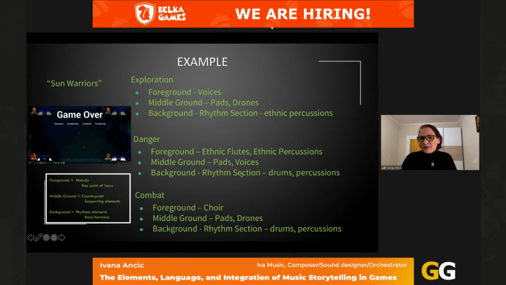In the background, I keep the rhythm section, drums and percussion, with, let's say, some intensity of drums. And when the player reaches the combat state, I use choir in the foreground, and for the middle ground, I continue to use pads. In the background I continue to use drums and percussion, but I increase the intensity of drums.